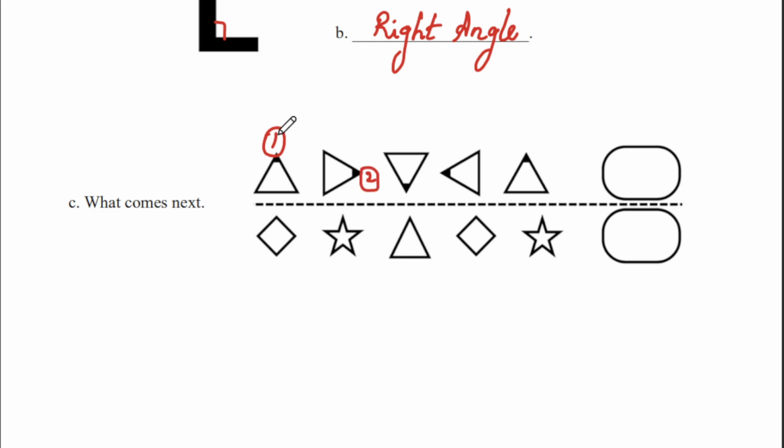So this is maybe 12 o'clock, 3 o'clock, 6 o'clock, 9 o'clock. Again coming back to 12 o'clock, and again it will go to 3 o'clock. I'll do it in black color. Do it using a scale, students. Okay.